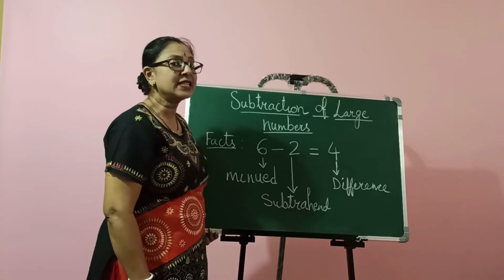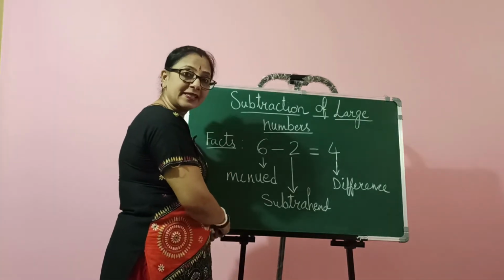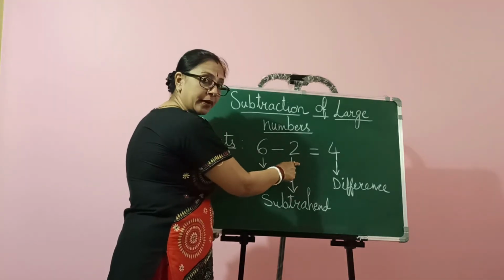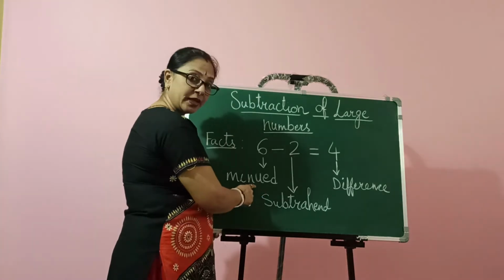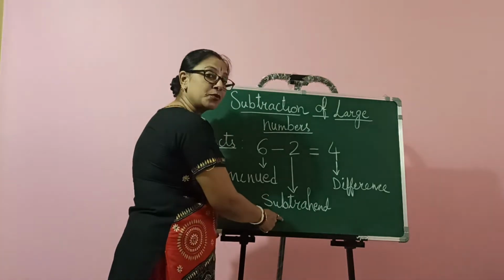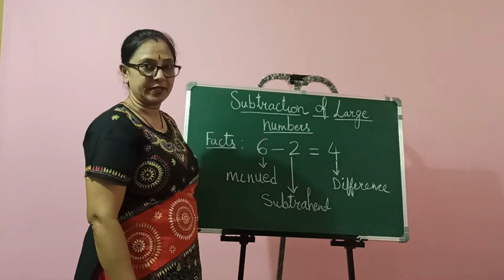So before we start subtracting, we should know these little facts. The larger number from where the smaller number is subtracted is known as the minuend. The smaller number which is subtracted is known as subtrahend, and the result is known as the difference.